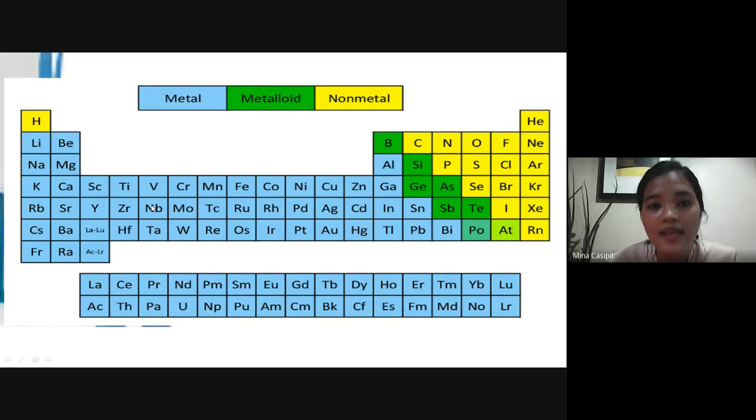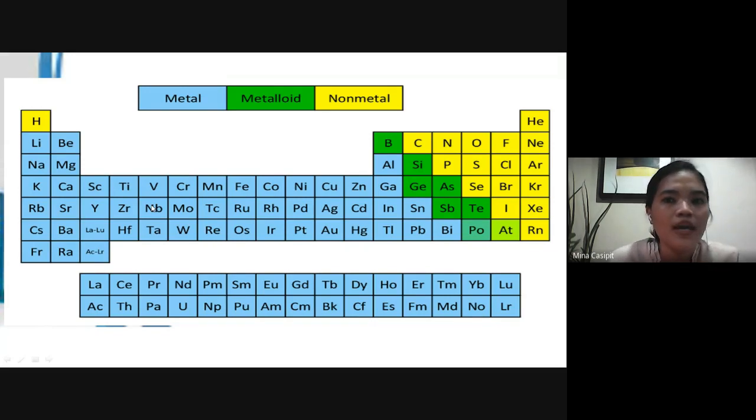So, bakit ito dinidiscuss natin? Kasi this metal, metalloid, and non-metals have something to do with the formation of ionic and covalent compounds. Kindly kung ma-screenshot nyo ito, nagsabi ako earlier na prepare a periodic table of elements kasi gagamitin natin ito.